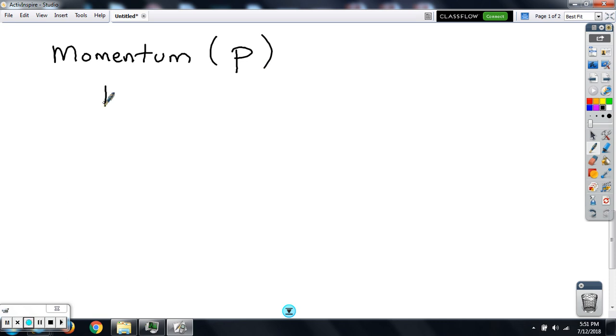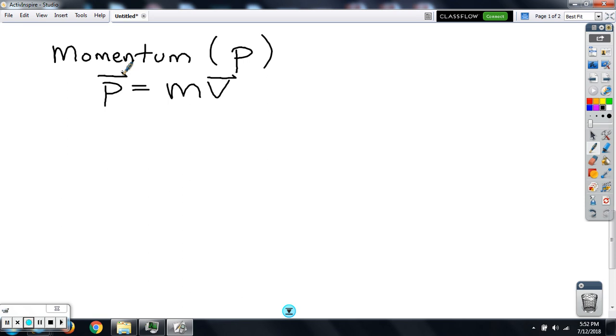And the way it's defined is the product of mass times velocity. Mass is a scalar, so it doesn't depend on direction, but velocity is a vector. So whatever direction velocity is in, that is the direction of this quantity momentum.